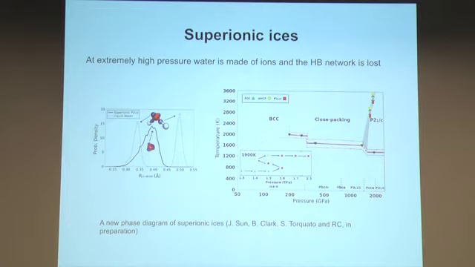And this raised quite some interest because the system remains electronically insulating, but it is ionically conducting. If one happened to be at these extreme conditions that can be found in the mantle of massive planets in which there is ice, that can give rise to currents that can generate the magnetic fields that are observed for these planets.